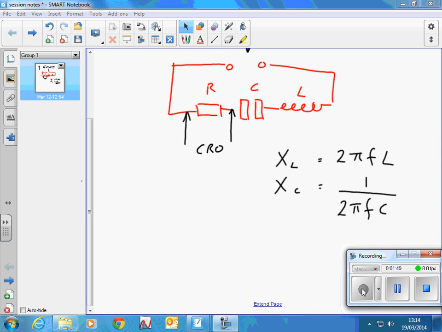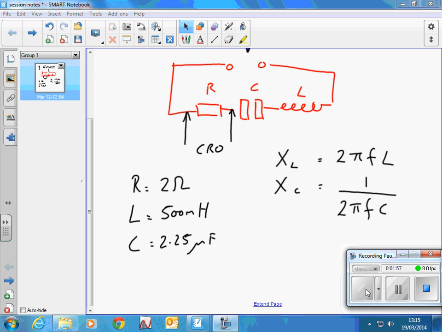So the first thing I want you to do is, if I give you some values, work out what's going on in this circuit. Given some values, if R equals 2 ohms, L equals 500 millihenries and C equals 2.25 microfarads, I just want you to calculate the current in that circuit using complex numbers.